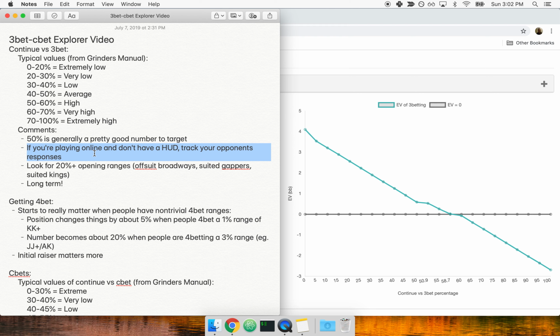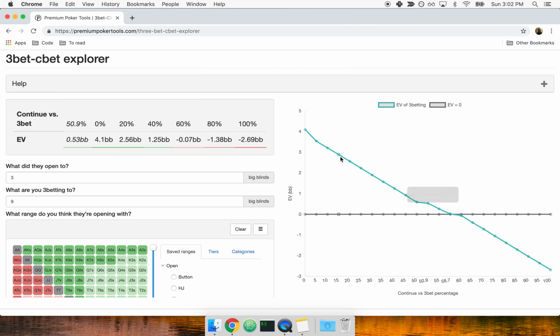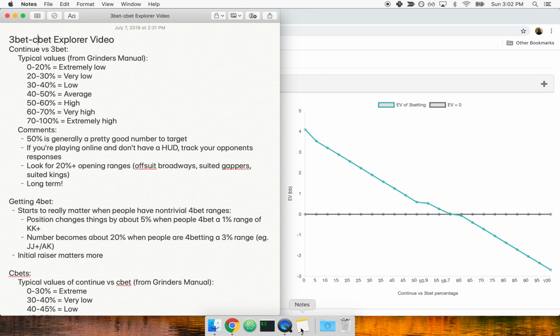This is my favorite line, the 3-bet cbet, so I keep track of how often they defend versus the 3-bet, and then how often they defend versus a cbet after the 3-bet. And I know that there are some opponents that are only defending versus the 3-bet maybe like 20% or 30% of the time. And to me, those are great targets. I like to target them a lot.